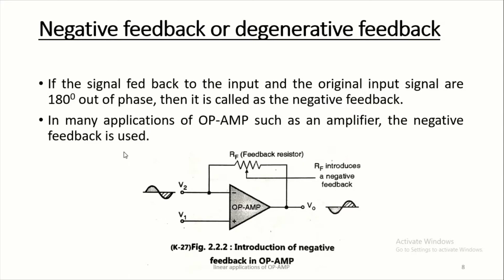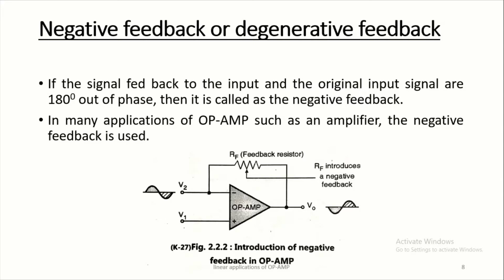In the amplifier circuit using an op-amp, a feedback resistance RF is connected between the output and the inverting terminal as shown in the figure to introduce a negative feedback. As the voltages V2 and V0 are 180 degrees out of phase, a fraction of the output voltage fed back to the input via RF will also be 180 degrees out of phase with the input.